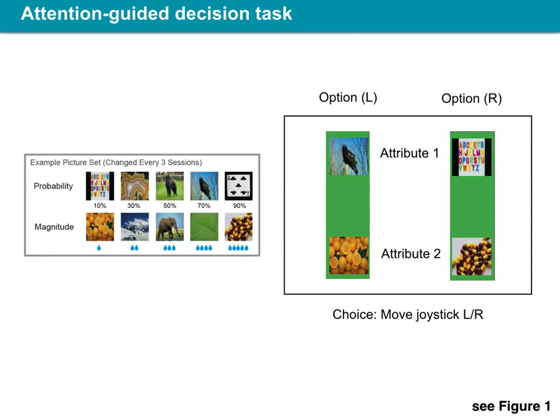And that's what you see in the behavioural data. So the subjects would pay equal attention to reward magnitude and reward probability, and you'd have to factor that into the expected value equation if you wanted to work out which option you would choose.